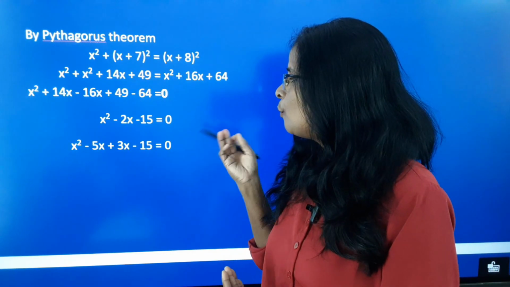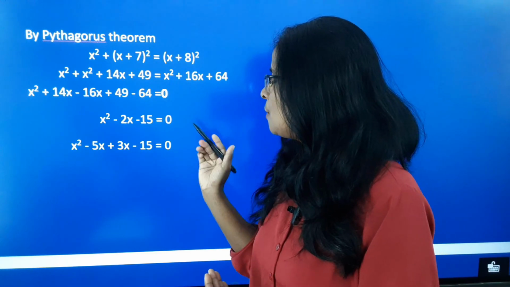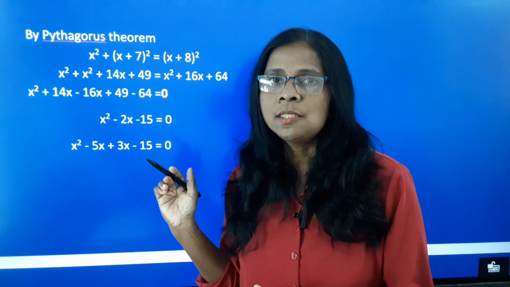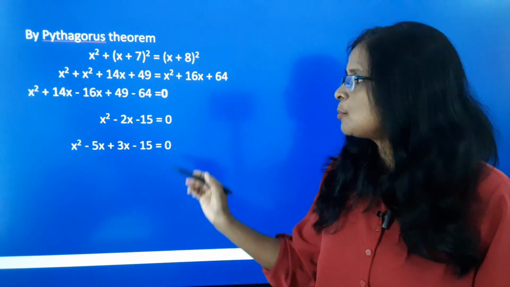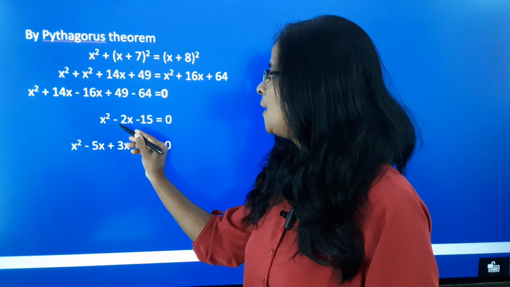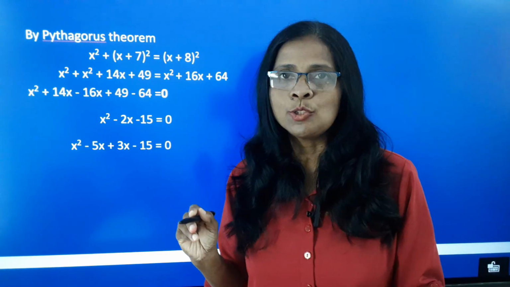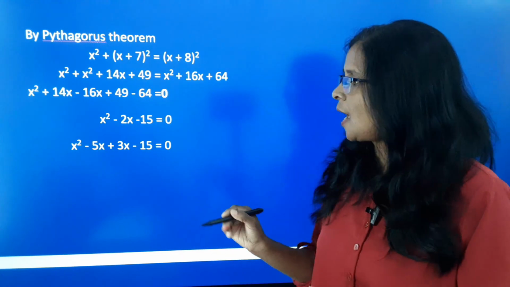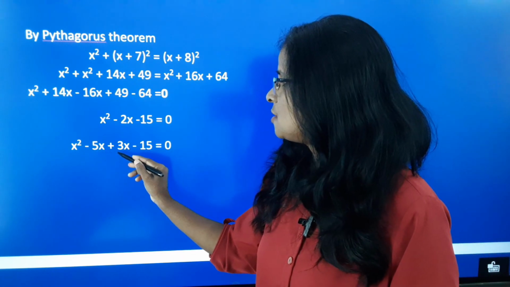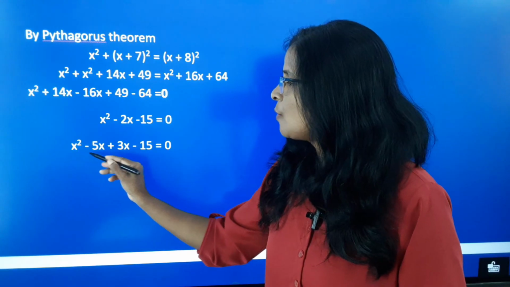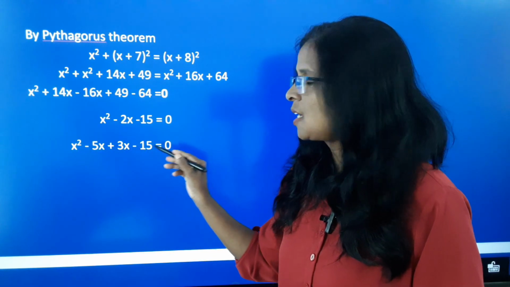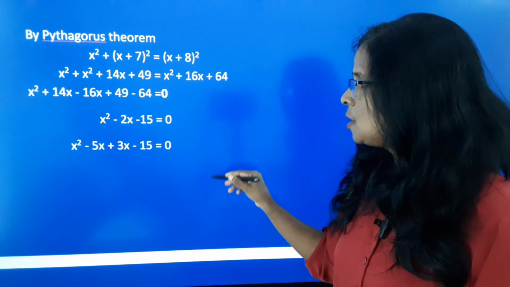So now we want two numbers having the product minus 15 and the sum or difference minus 2. Such numbers are minus 5 and plus 3. So x square minus 5x plus 3x minus 15 is equal to 0.